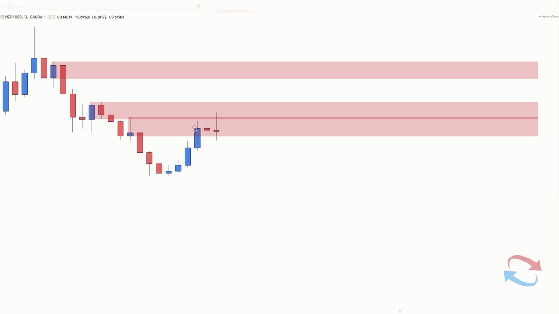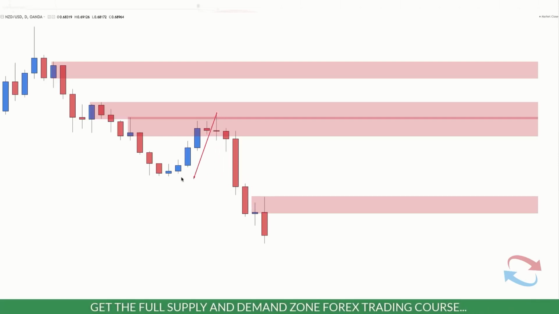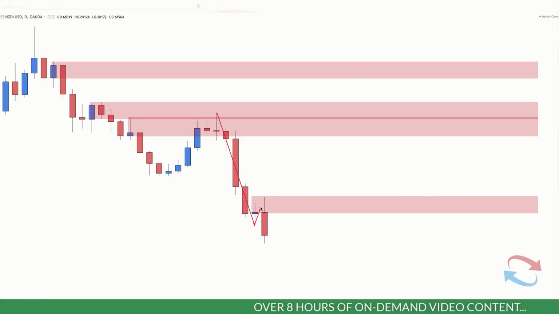Prices come back into these supply zones, we get a reaction, get another reaction, and then we make a new low. And again, we see something like this, where we have a high, prices have made a new low, prices come back and then make the new low there.